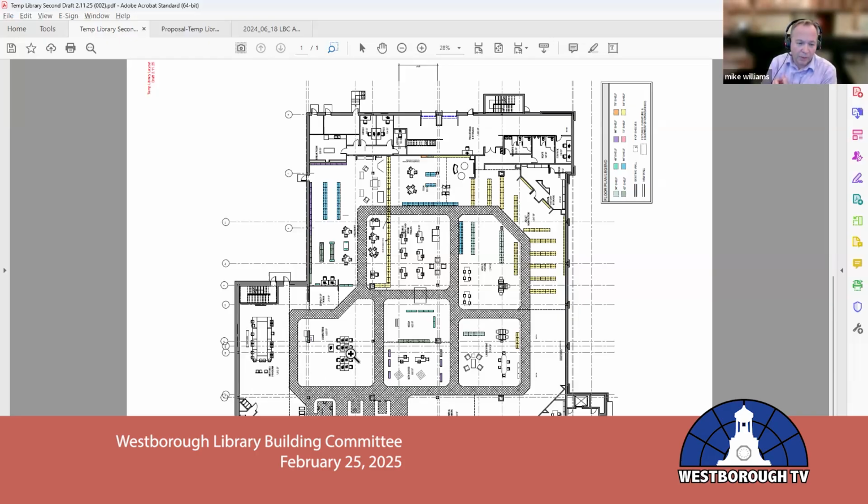Directly adjacent to that would be the computer area, and above that is the children's area, cordoned off by shelving with one entry point to limit access and keep control of the kids as much as possible. And then to the back is a teens area. Again, we're using shelving to cordon that off from the remainder of the space.